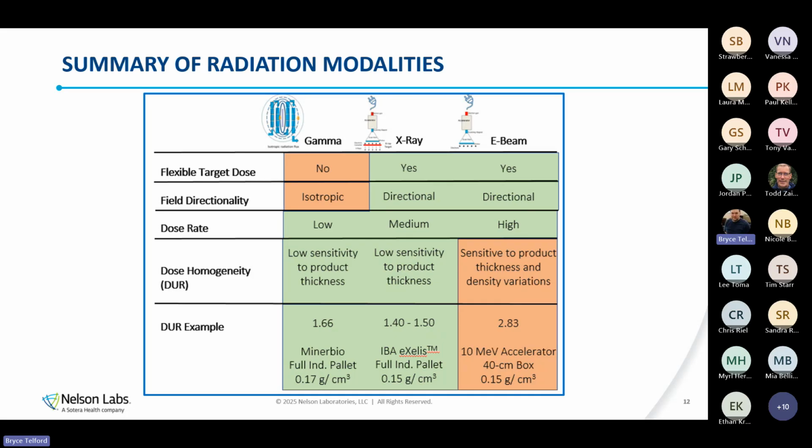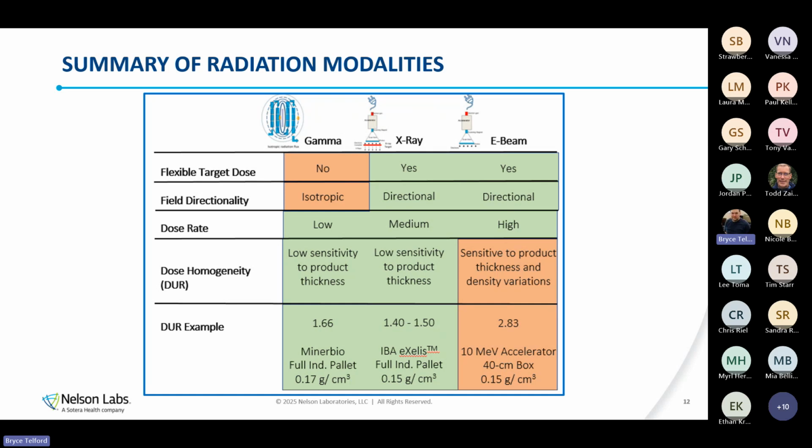Now, X-ray, this is where X-ray really shines, is I can adjust my beam really well. I'm not as sensitive to density and to how that density is distributed through my product, so my homogeneity. As such, my dose uniformity for X-ray tends to be fairly low, such as a 1.4 multiplier or 1.5 multiplier.